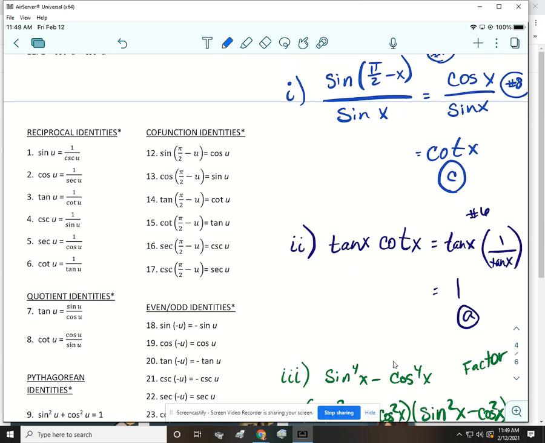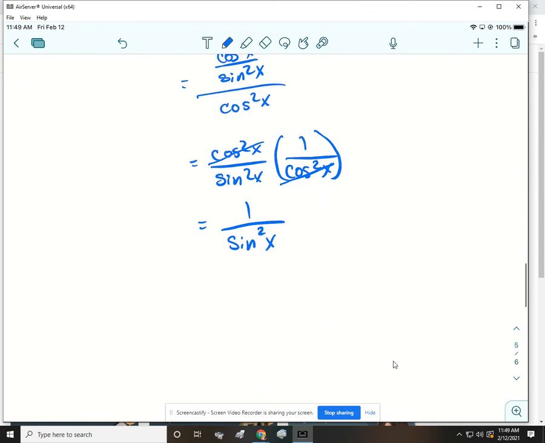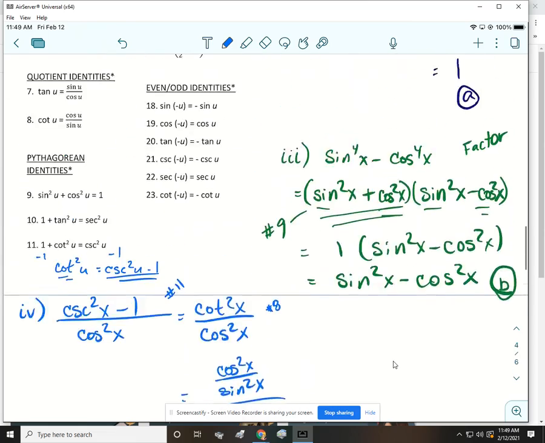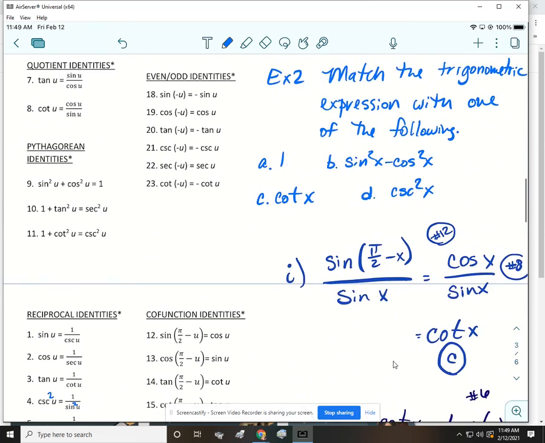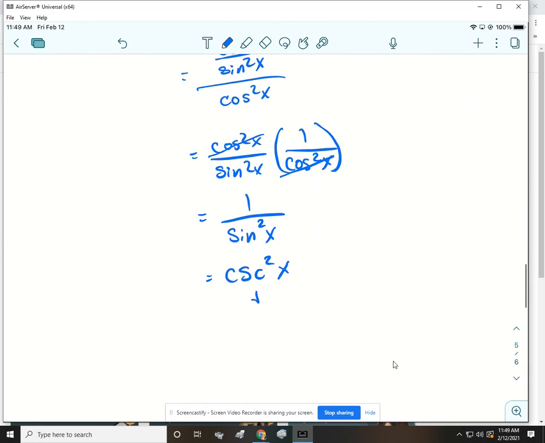So if I have 1 over sine squared of u, that's the same as cosecant squared of u. So what I have here is 1 over sine squared of x, which is the same as cosecant squared of x. Now let's check what we were supposed to match with, and that's my last choice, the one I haven't used yet, D.